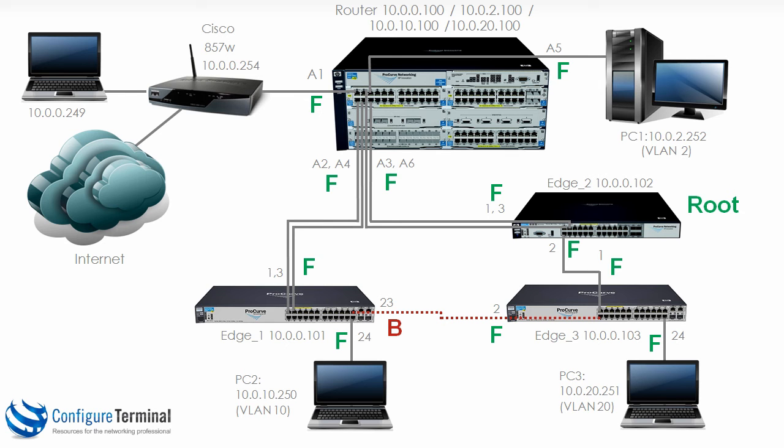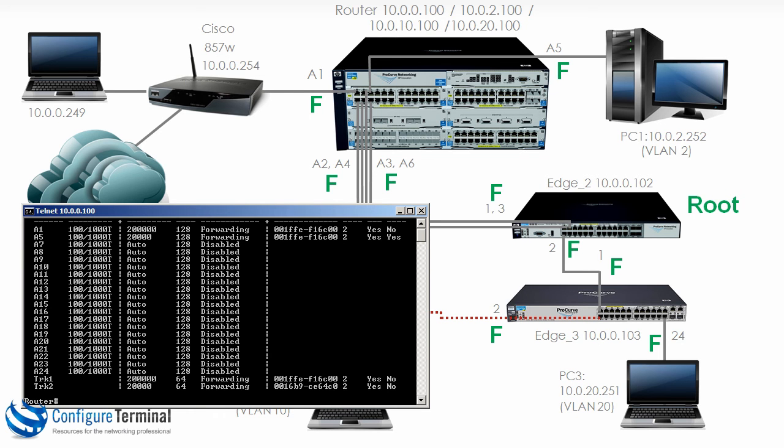The next decision is all switches choose their root ports. So as an example, on edge 3, port 1 is the root port because it's the closest port or best port to use to get to the root bridge. On the router, the best port to use is TRK2. It's the port with the lowest cost to get to the root bridge.